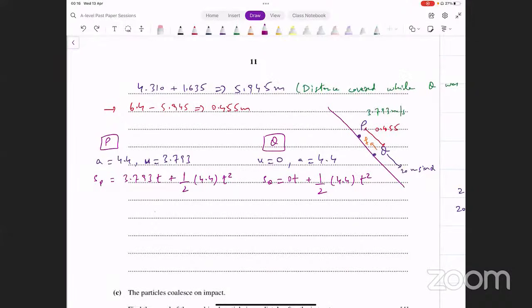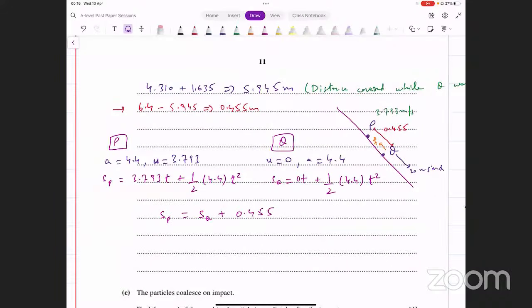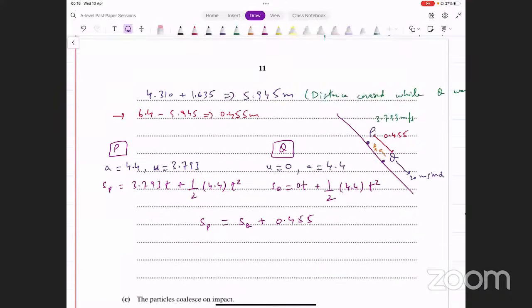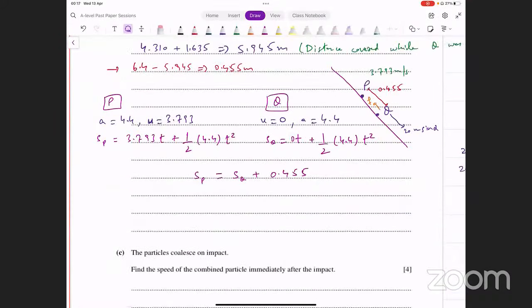So we can make an equation like this. We can say SP minus SQ should be equal to 0.455. We can either write it like this, or we can say SP is equal to SQ plus 0.455, right? क्योंकि SP बड़ा होगा, P ने ज्यादा distance travel किया होगा, Q ने कम किया होगा. We make an equation like this.